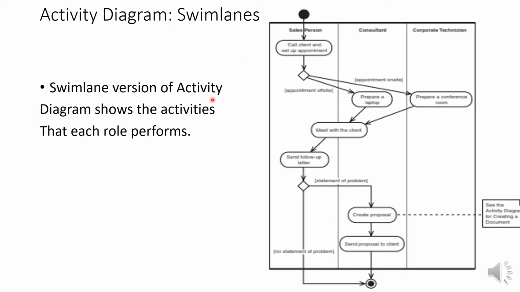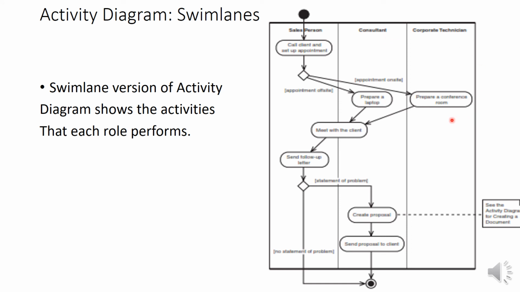The swim lane version of the activity diagram shows the activities that each role performs. The salesperson is responsible for these activities. The consultant is responsible for these activities. Meet with the client, this activity both the salesperson and consultant will perform.